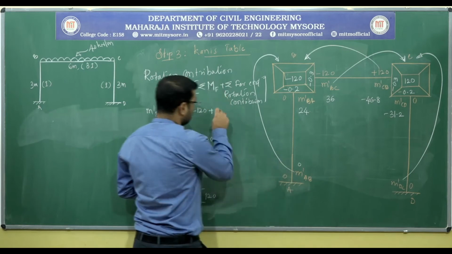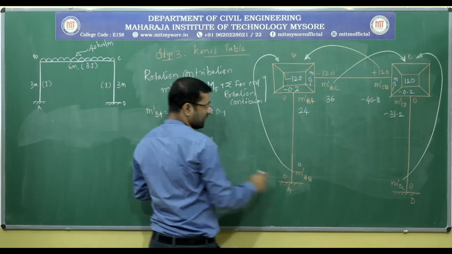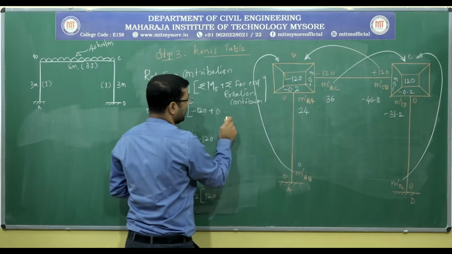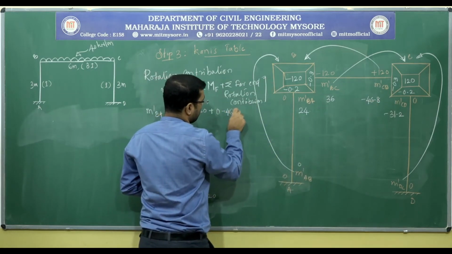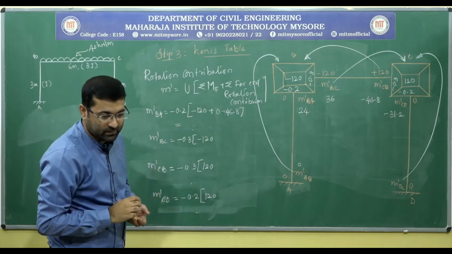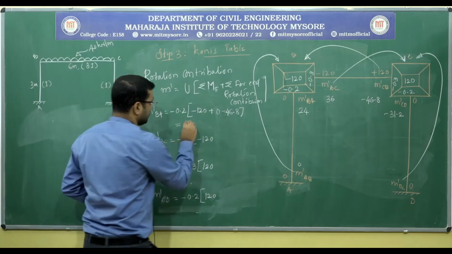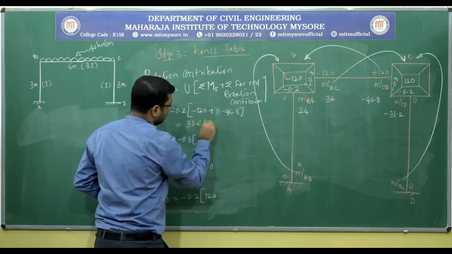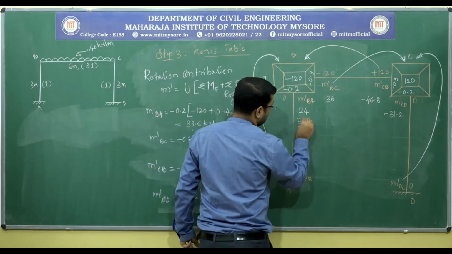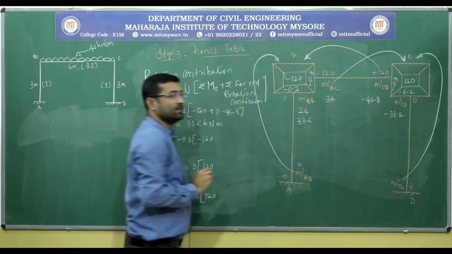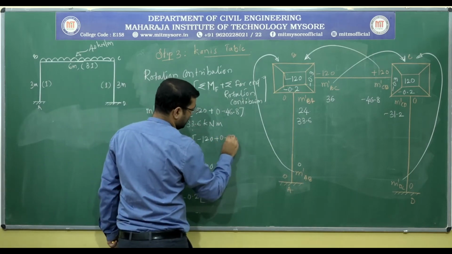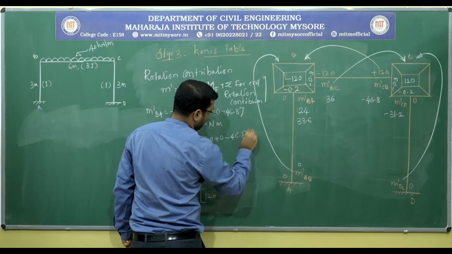M dash AB will remain 0, plus m dash CB, which is minus 46.8 now. So this gives us a value of 33.6 kilonewton meter, which I am going to represent here, 33.6. The next value here also, it is plus 0 minus 46.8.